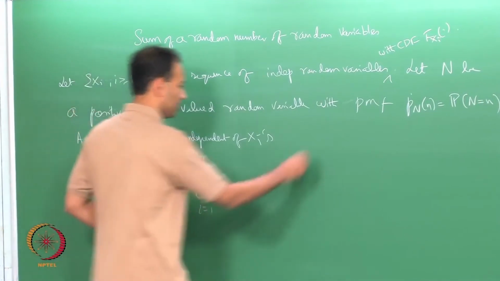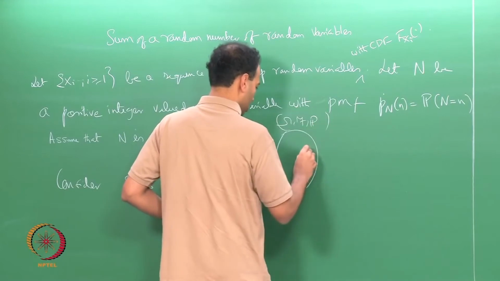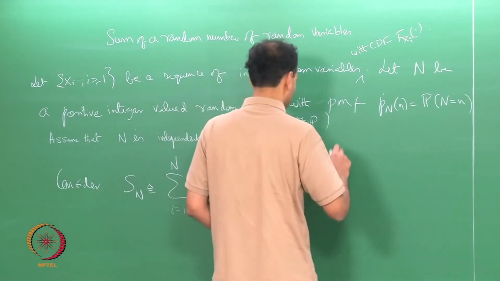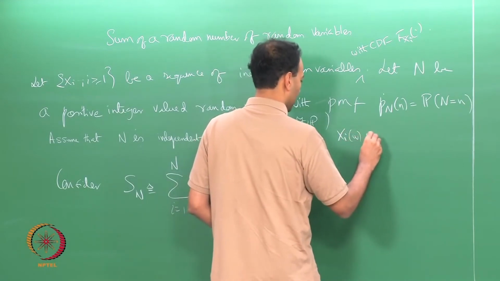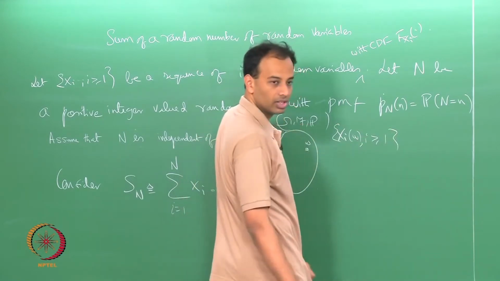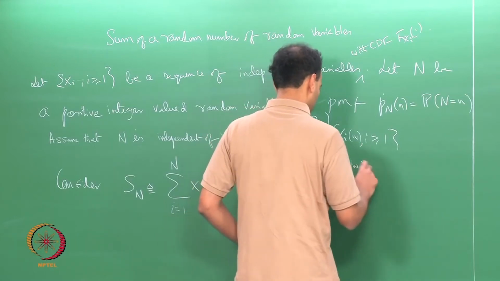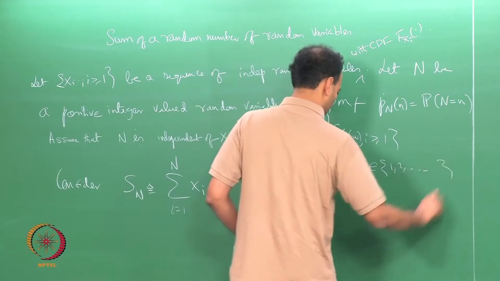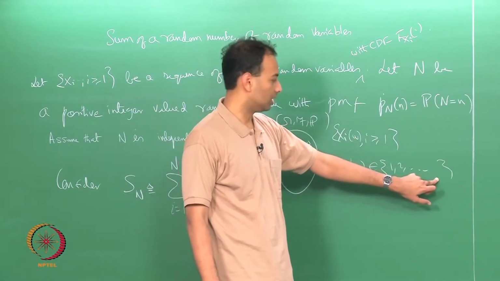Yeah. So, you have your sample space (Omega, F, P), you have some little omega realizing, and what I am saying is that Xi of omega, i greater than or equal to 1, will be a sequence of reals for that particular omega, and N of omega will realize as some positive integer.